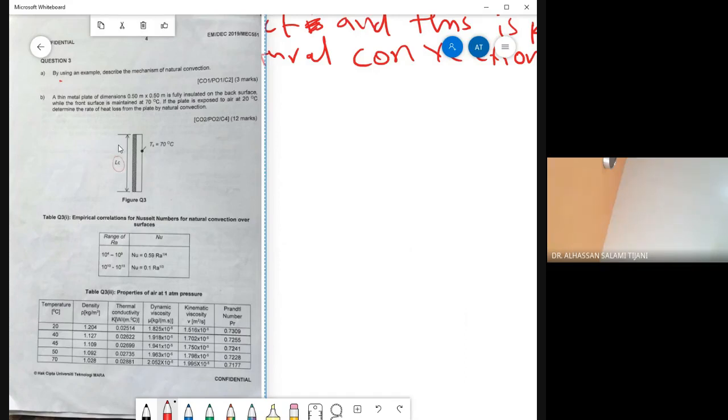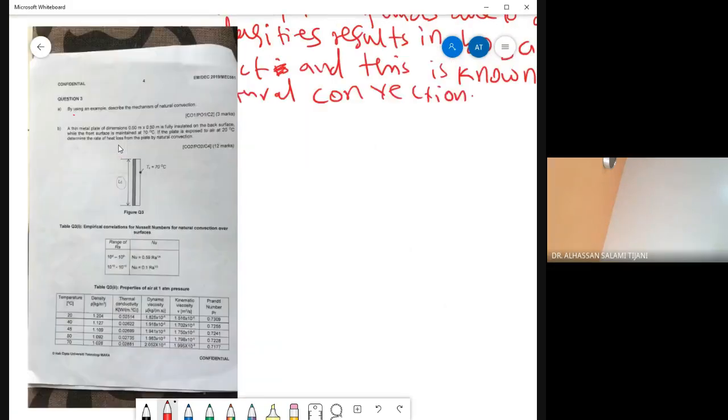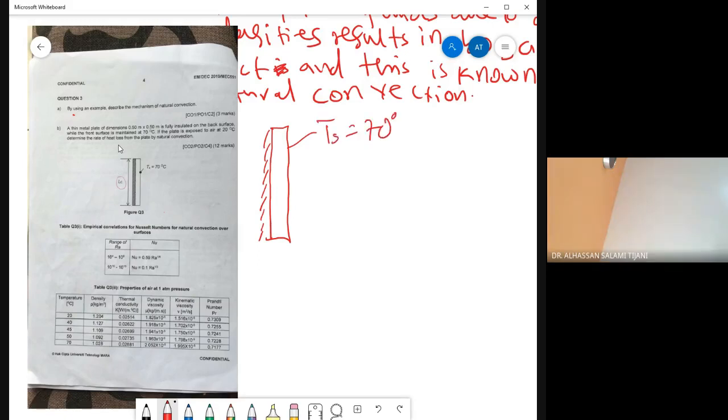Okay, so we have, let's say, this is the metal plate. One side is insulated. Let's say the back surface is insulated. While the front surface is maintained at surface temperature Ts equals 70 degrees Celsius.